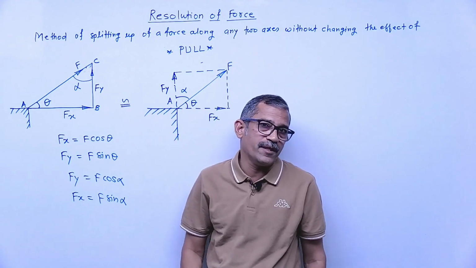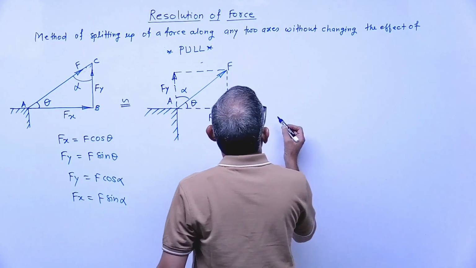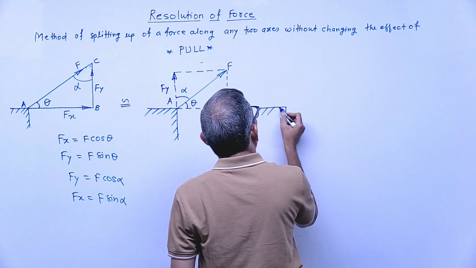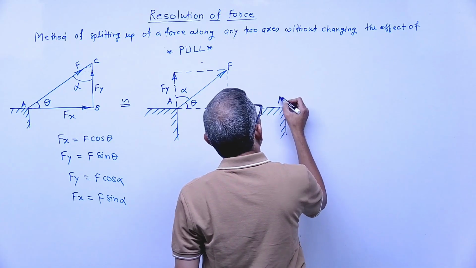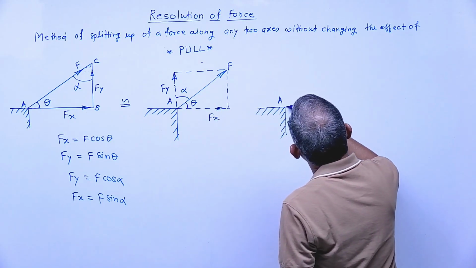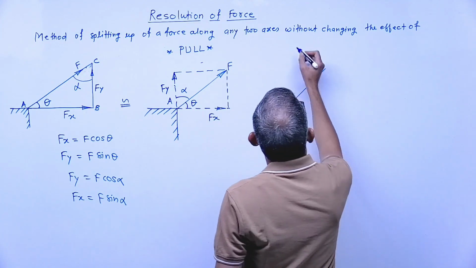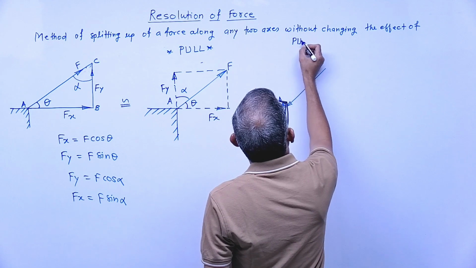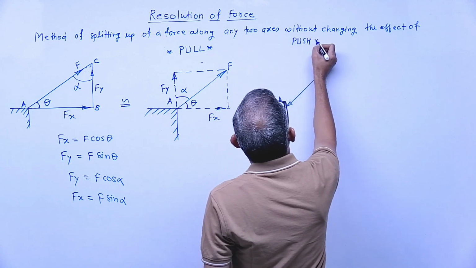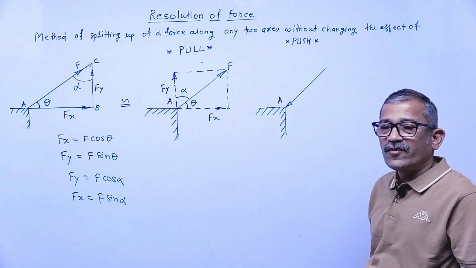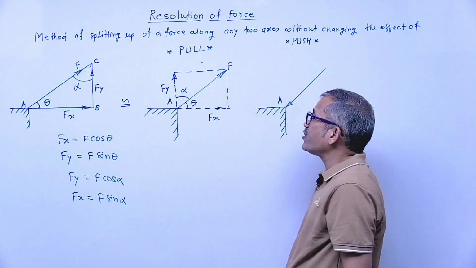Clear? Now if I represent a force acting on the same body at this point, but acting towards it, such a force is called a push type of force. The given force is push, so the components are also push in nature.